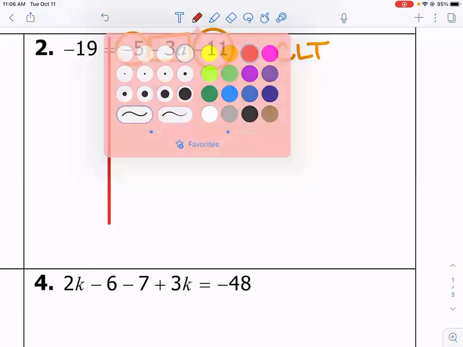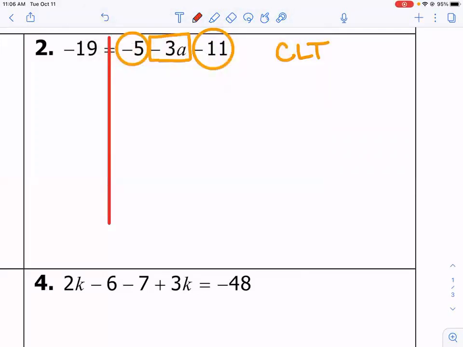So Corin, you said you already combined these. Oh, what's -5 minus 11? -16. Okay, so you can think of this 2 different ways. You can think of that as -5 minus 11. You can think of it as -5 plus -11. But guess what? In either scenario, you totally have your calculator to rely on if you need it.